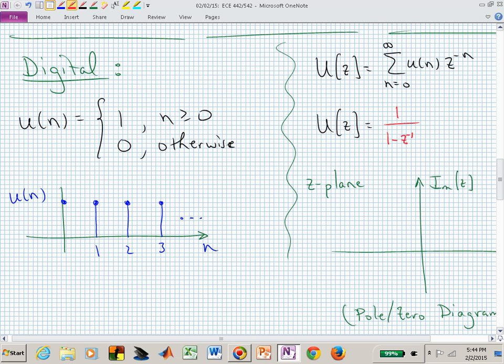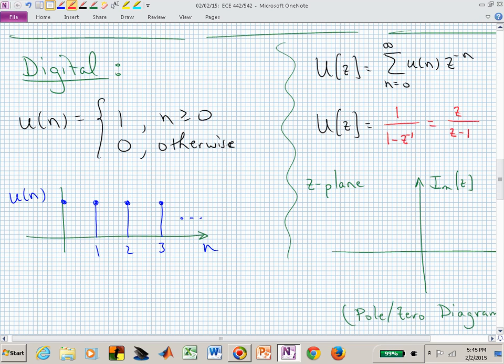Or you could factor out the z to the minus 1, and then it will kick upstairs, however you like to think about it. In terms of powers of z, or polynomials in z, the unit step has a Z-transform of z over z minus 1.